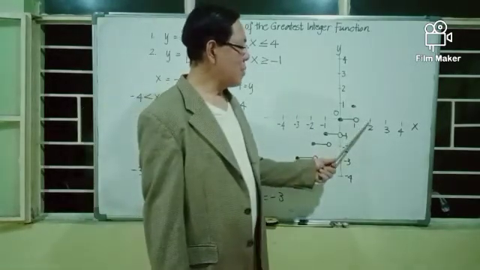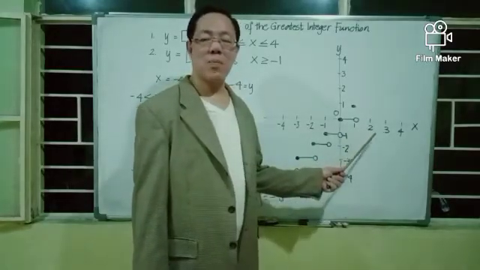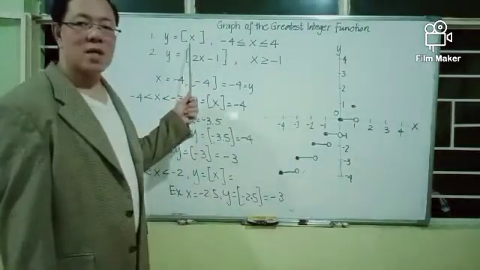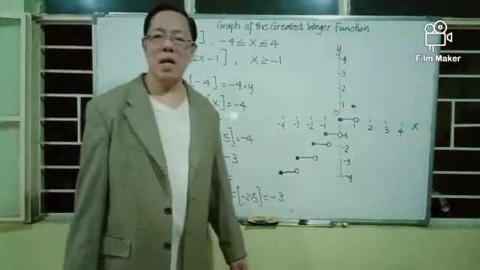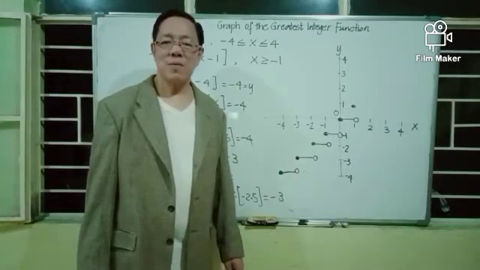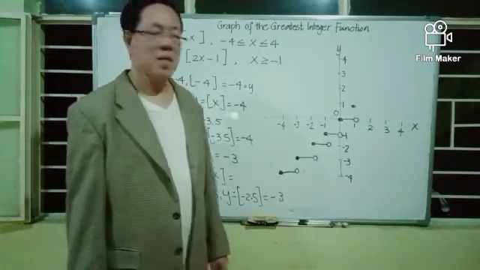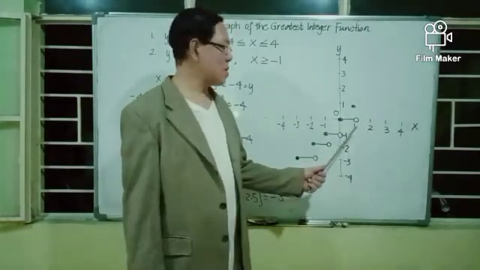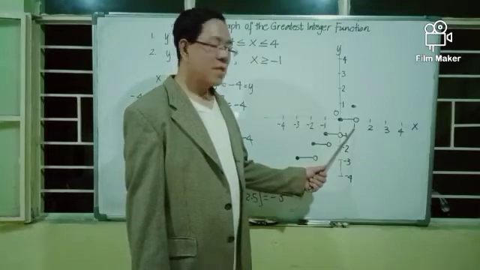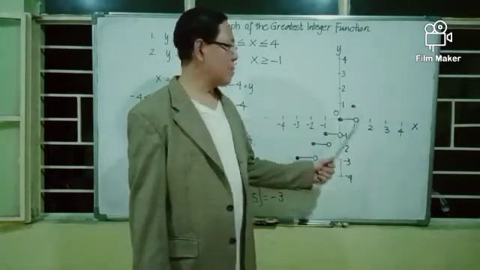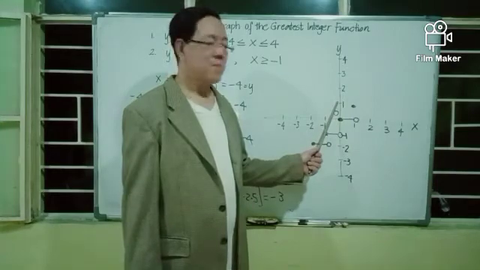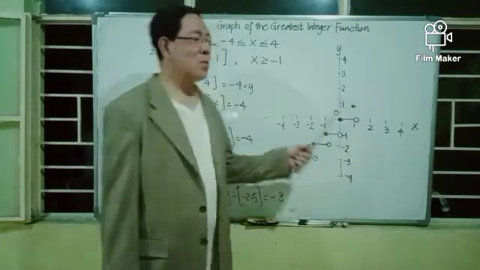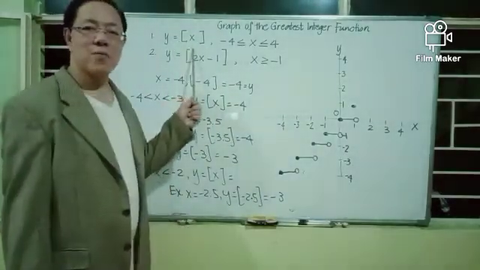If you take a real number very close to 2, say 1.99, if x is 1.99, the value of y is the floor of 1.99, and the greatest integer less than 1.99 is 1. Hence, for real numbers greater than 1 but less than 2, the value of y is 1, except when x is 2, because when x is 2, the value of y is the floor of 2.